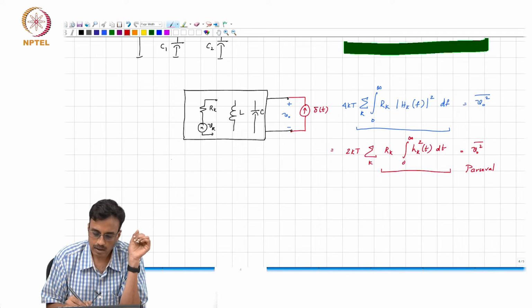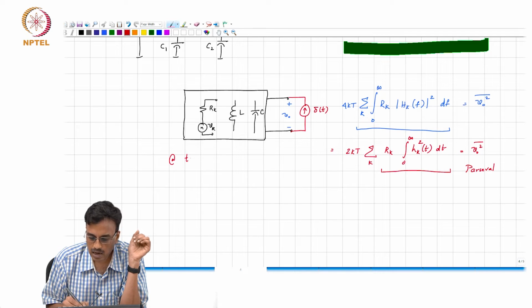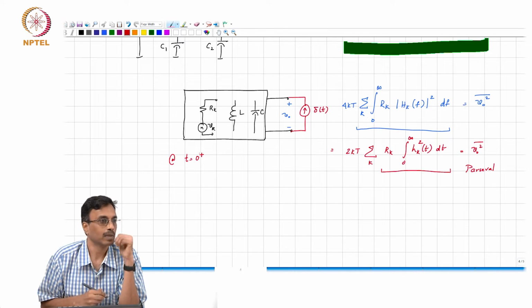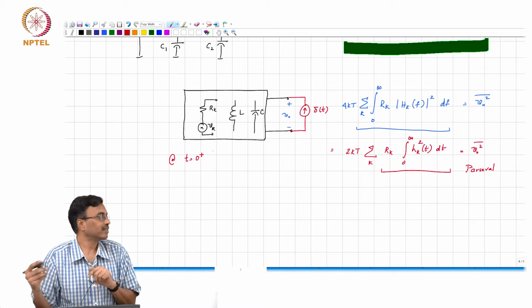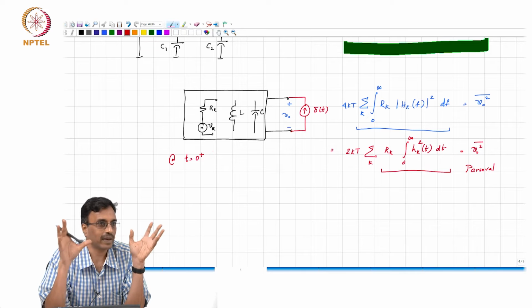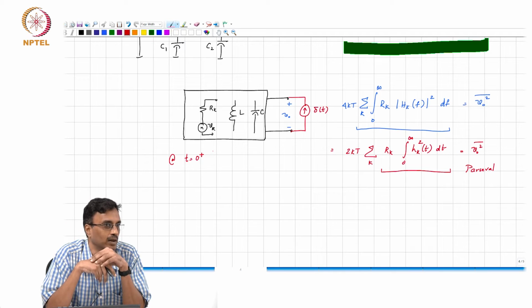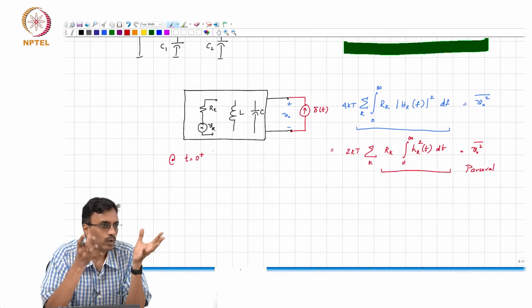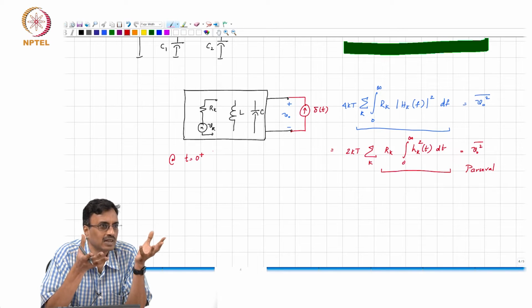So, at t equal to 0 plus, since there is some voltage across some capacitors inside the network, the network has got some energy, correct?